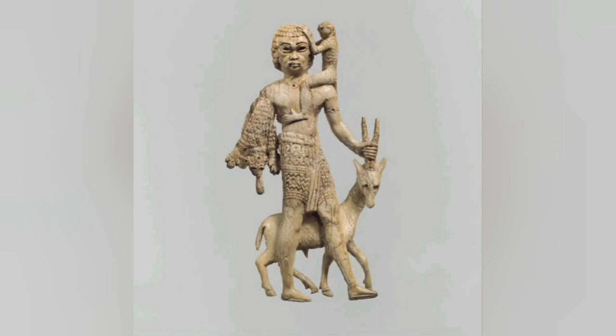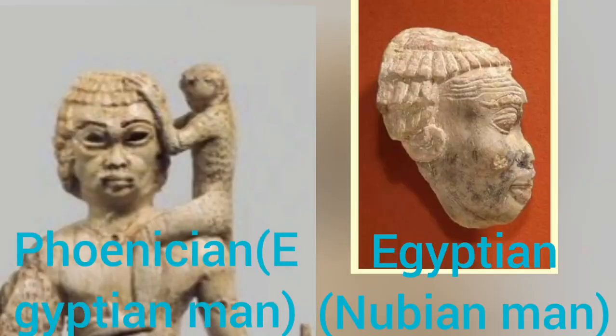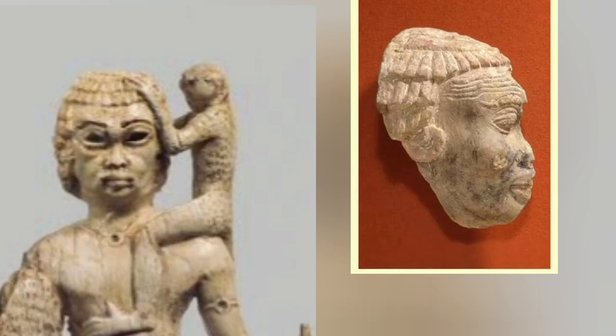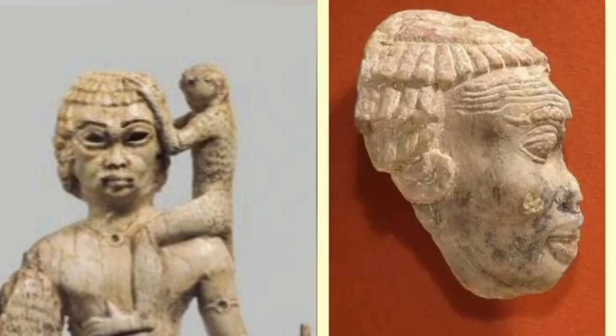And this African man, that you can see looks purely African, has the Nubian wig on his head. And that wig, again, notice the similarities between this man and how the ancient Egyptians depict Nubians. This is how Phoenicians depict Egyptians.